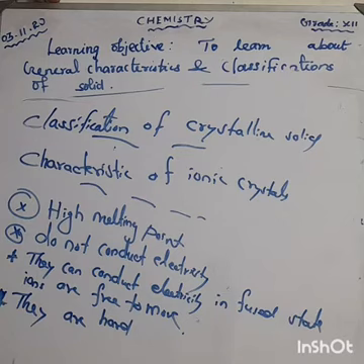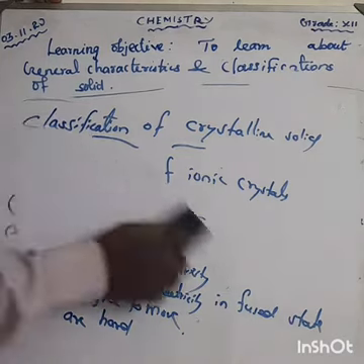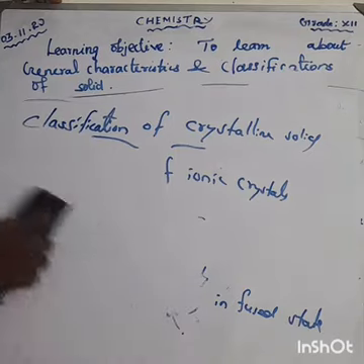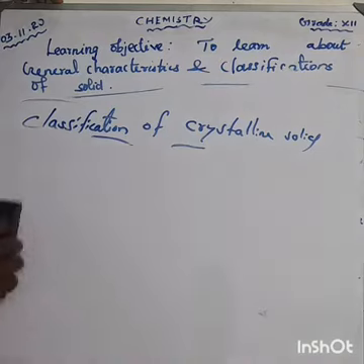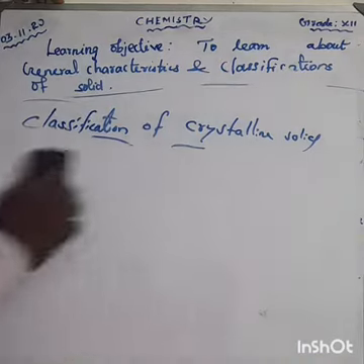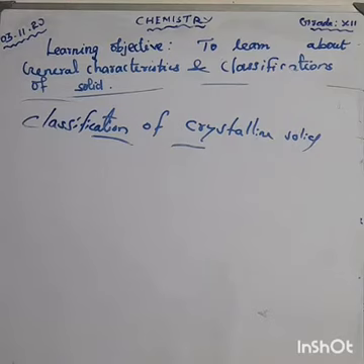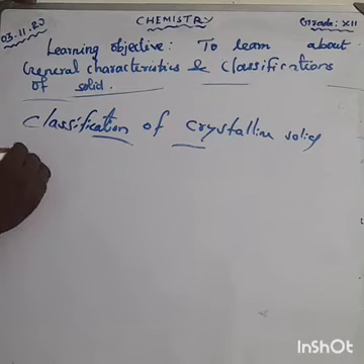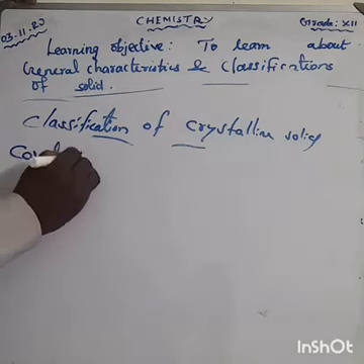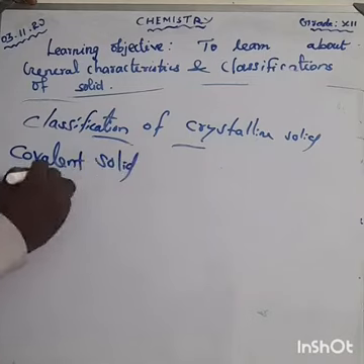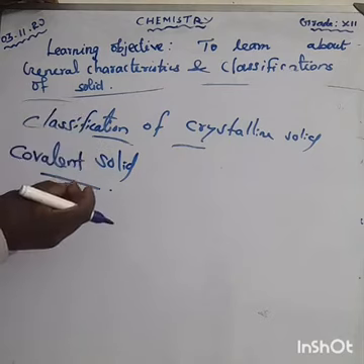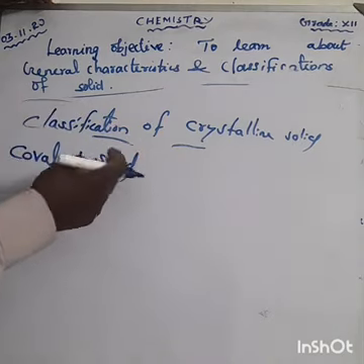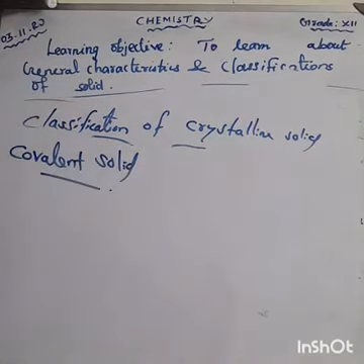Next we can discuss covalent solids. Already I told you about that. What are examples of covalent solid? There is diamond and also silica, silicon carbide, etc. These are all covalent solid examples. Here, in the covalent solid, the constituents, that means atoms, are bound together in a three-dimensional network.